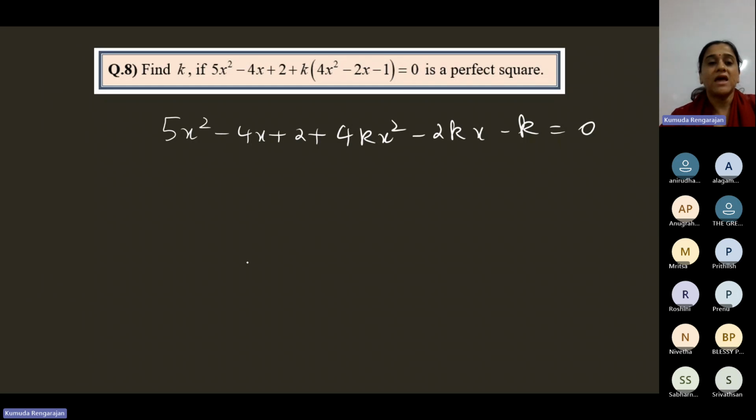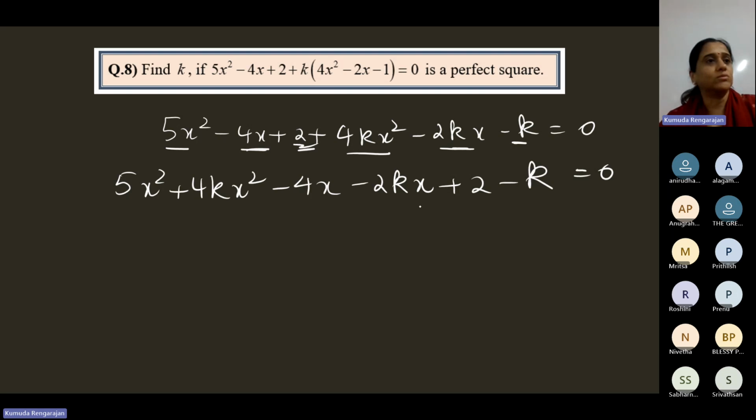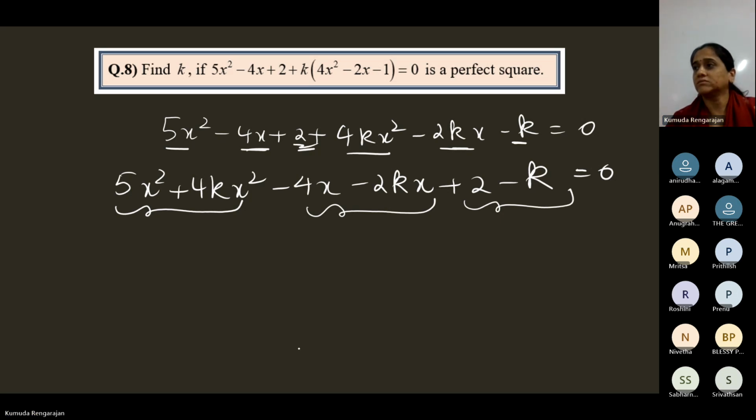And then 5x squared plus 4kx squared minus 4x minus 2kx plus 2 minus k is equal to 0. You will have to group the x squared terms, group the x terms, and group the terms that don't have x or x squared. Now there should be only one x squared. You can see 2 x squared terms here. There should be only one x squared. Take out the x squared common, and in the bracket, 5 plus 4k.